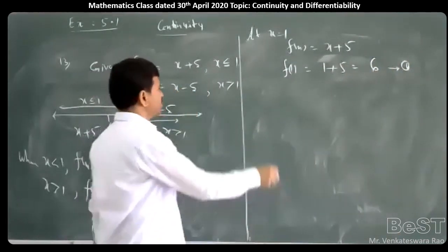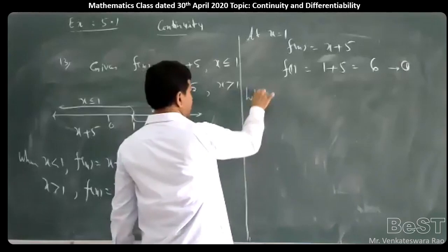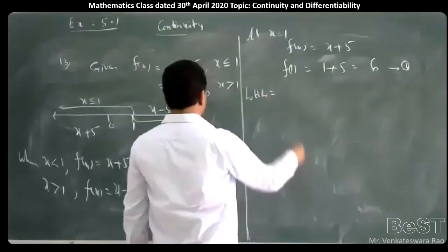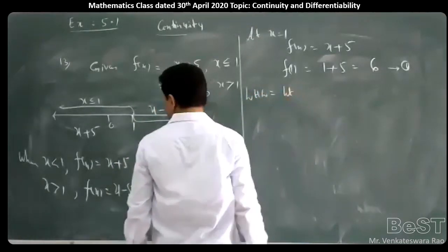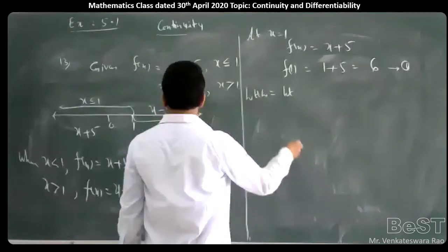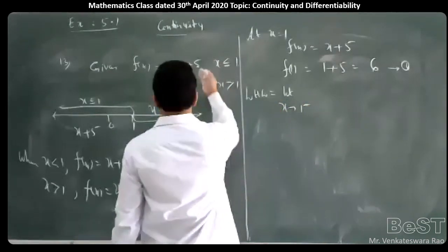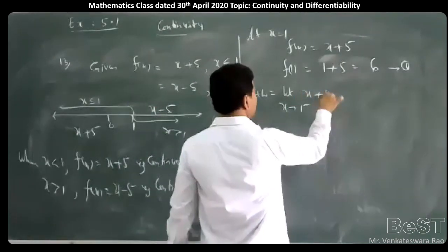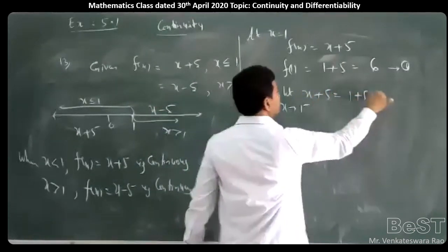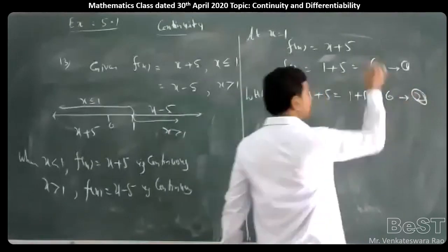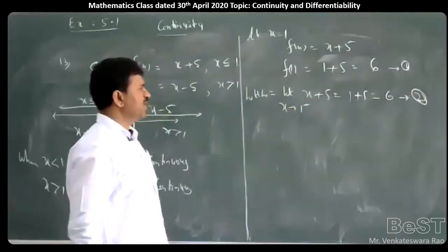See the left limit. Limit as x tends to 1 minus. Left of 1, the function is x plus 5. This is also 1 plus 5, which is 6. Left limit value is 6. Find the right limit value.